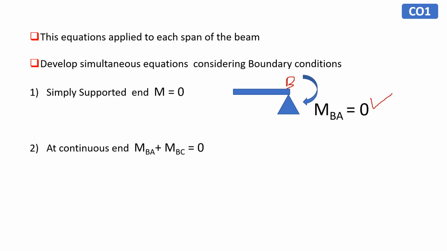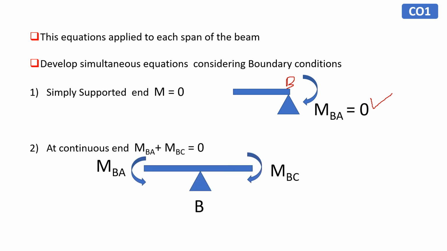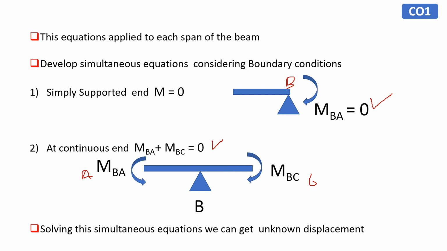Similarly, at a continuous end, it will be MBA plus MBC is equal to 0. It means if we have a structure like this and B is our intermediate joint, with end A here and end C here, then there are two moments, and the sum of these two moments, MBA plus MBC, is equal to 0. This is our second joint equilibrium equation, and solving these simultaneous equations we get the unknown displacements.